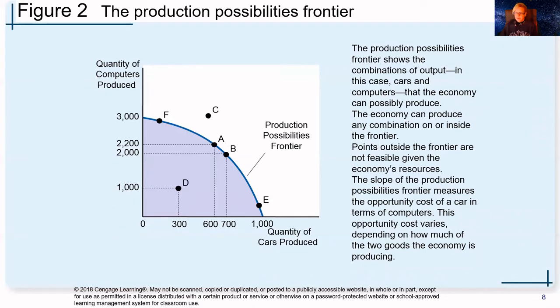Here's another example of production possibilities frontier. This one uses numbers, okay? And we're going to get into that a little bit more next time. But again, remember, this is the y-axis, this is the x, and we have computers and we have cars. So ask yourself, why would this graph be bowed out? And if you said, well, it looks like we're measuring more than one factor of production, that's correct.